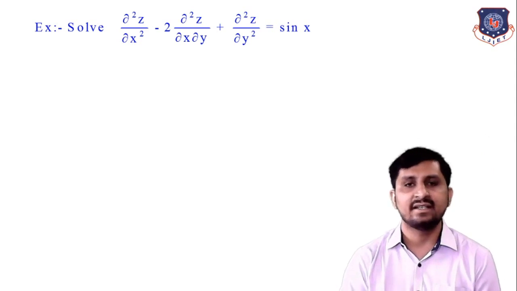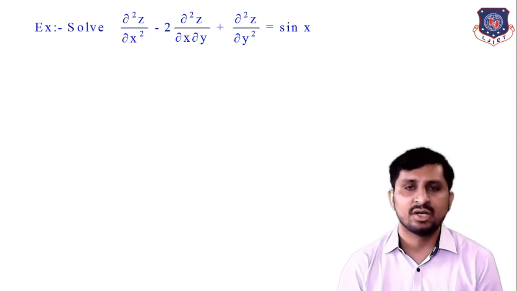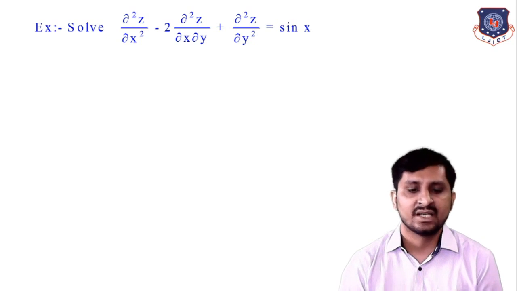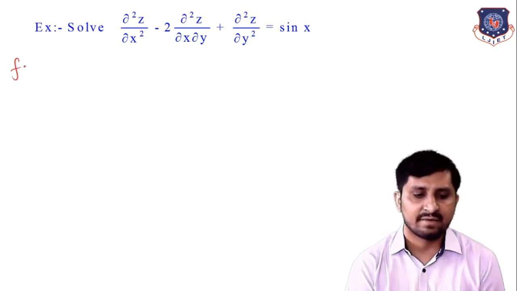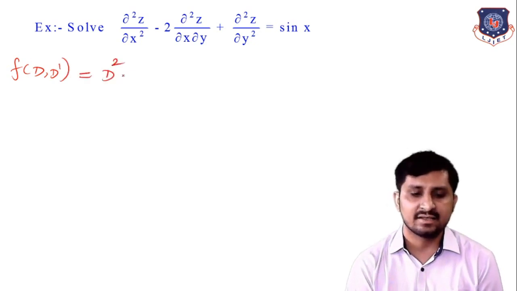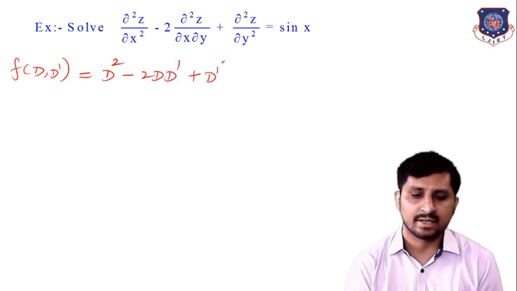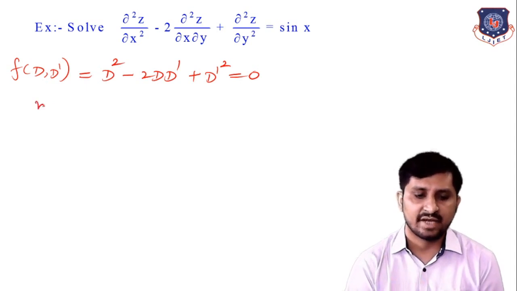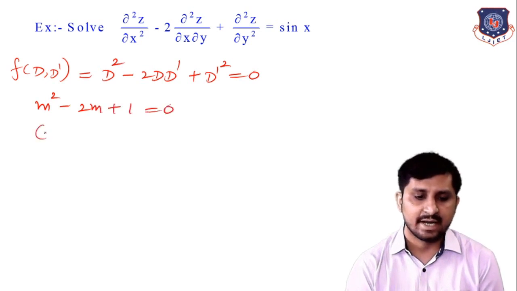As you all know, in each and every example, first you have to find the complementary function. So f of d dash here is d square minus 2d dash plus d dash square, equal to 0. So the function of m is m square minus 2m plus 1 equal to 0. So m minus 1 whole square is equal to 0.